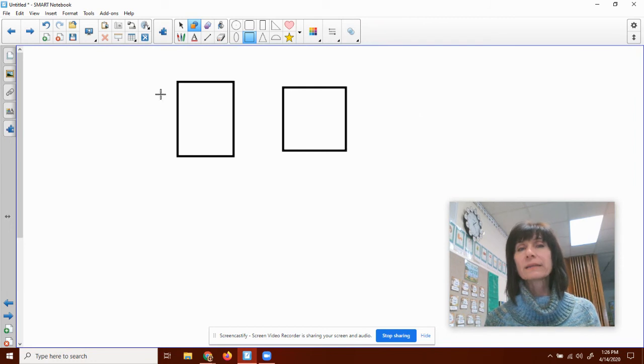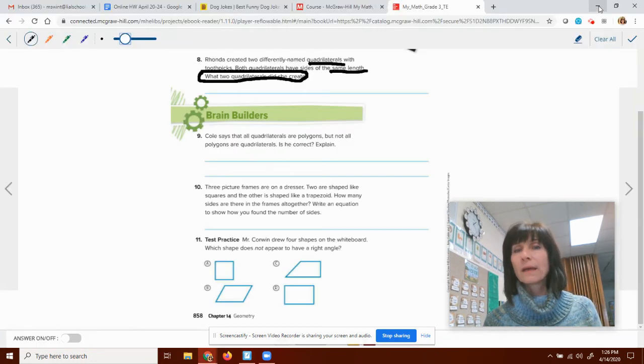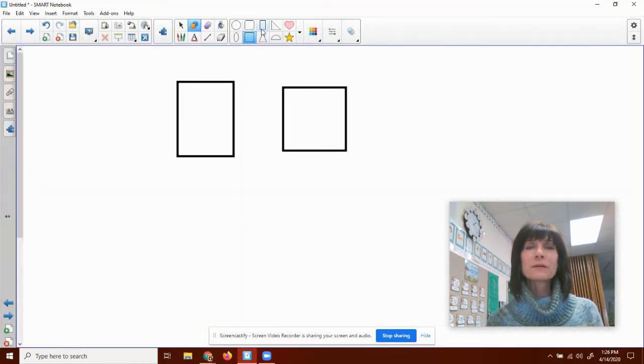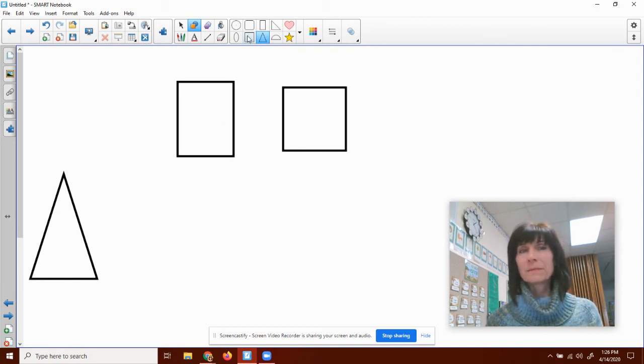A quadrilateral is always a polygon, but not all polygons are quadrilaterals, because if you have other shapes, for instance, that's a polygon, but it's not a quadrilateral.